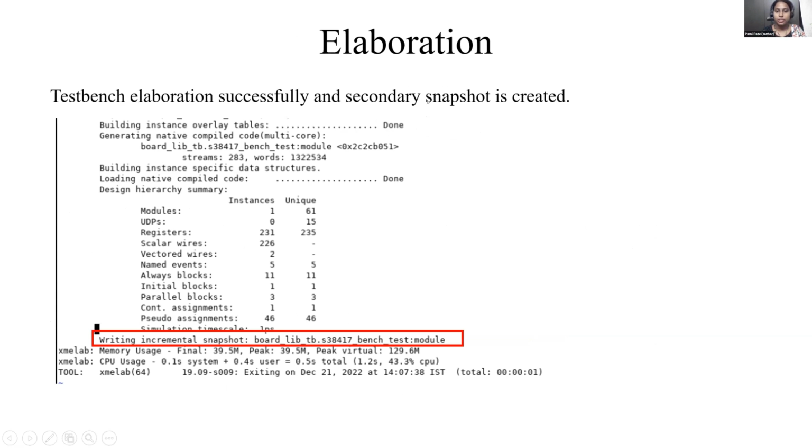By snapshot, I mean the model of the design. If there are no unresolved components or black boxes, and no functionality is breaking in terms of connections, then the snapshot or the build model will be formed. Here, writing snapshot is what you will be shown as a caution.